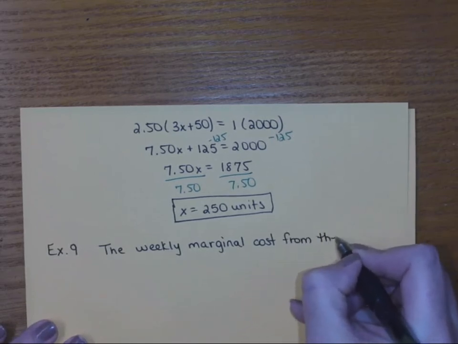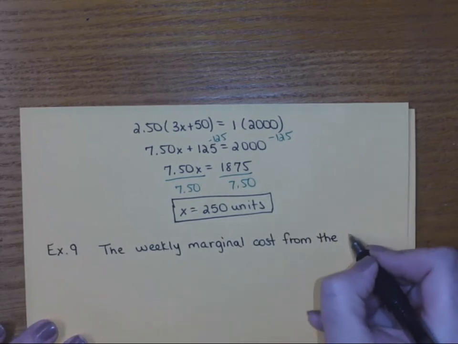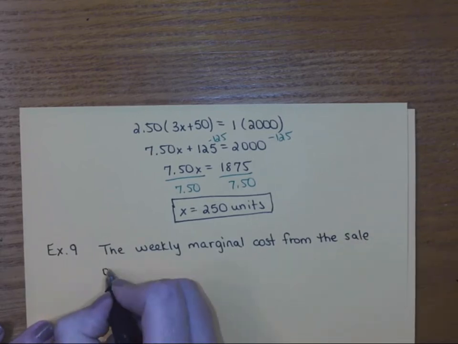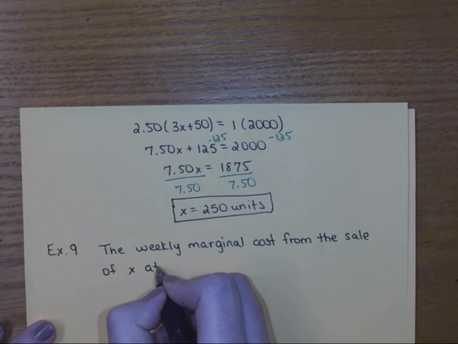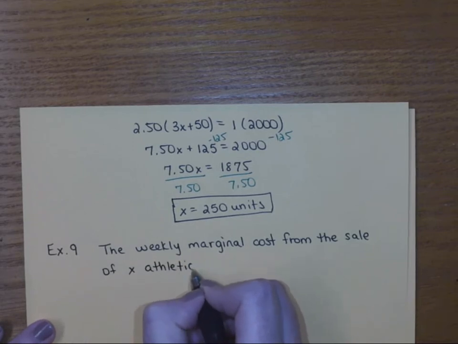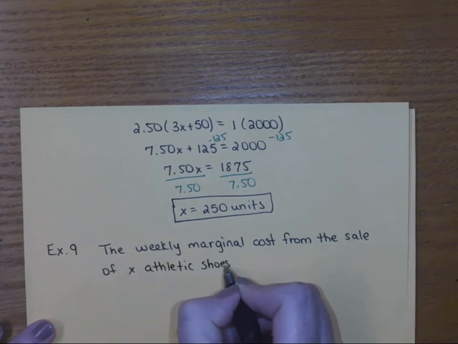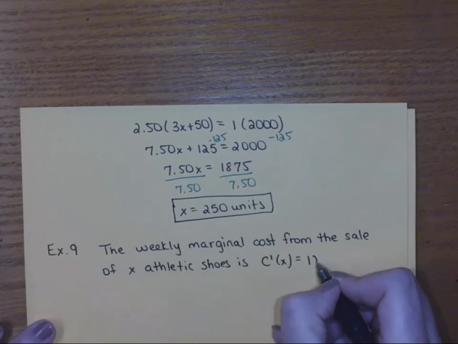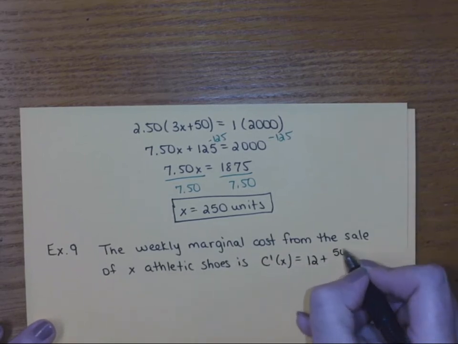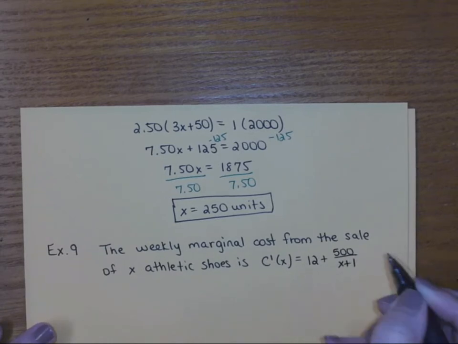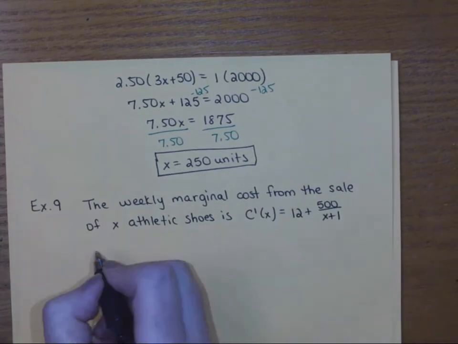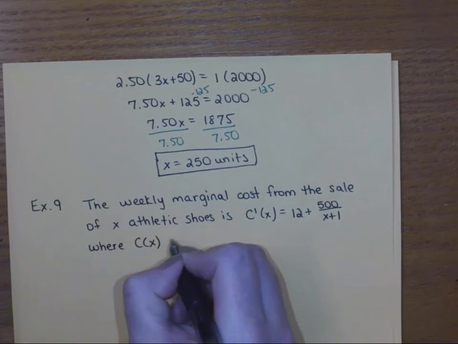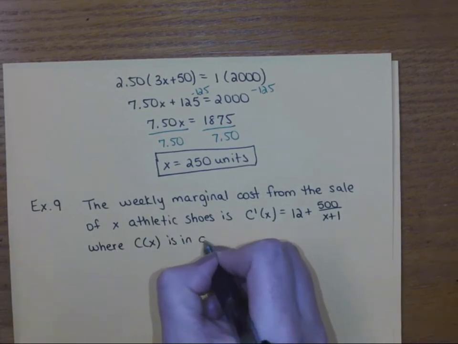All right, but let's do the last example. The weekly marginal cost from the sale of x athletic shoes is C prime of x equals 12 plus 500 over x plus 1, where C of x is in dollars.